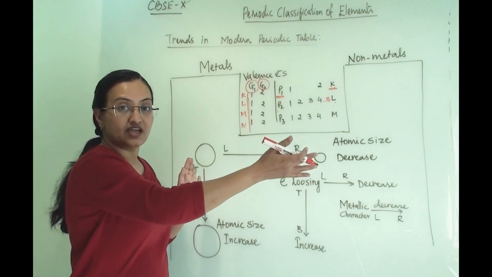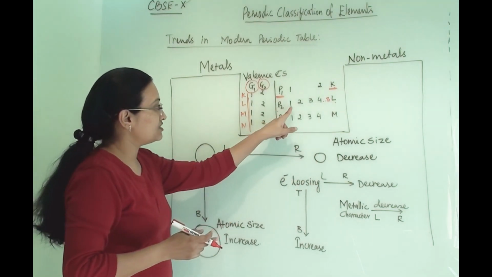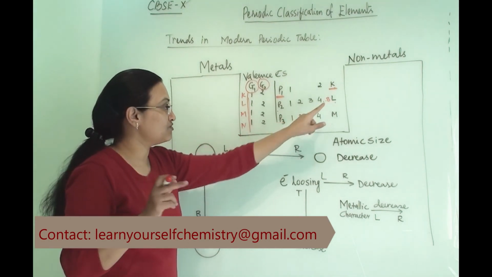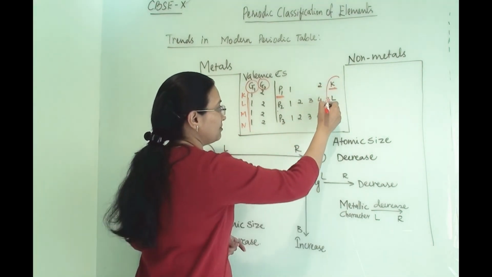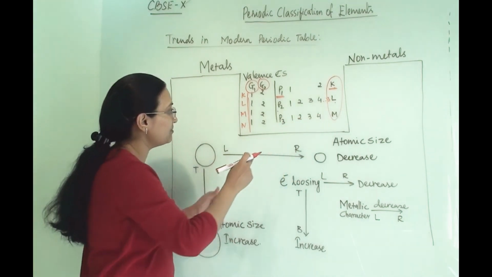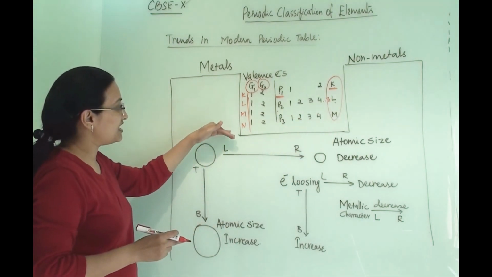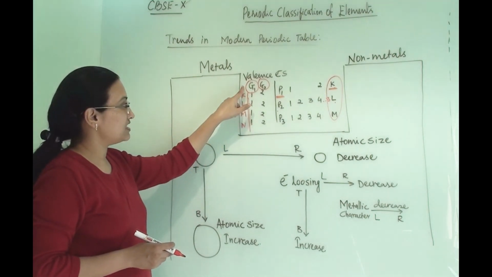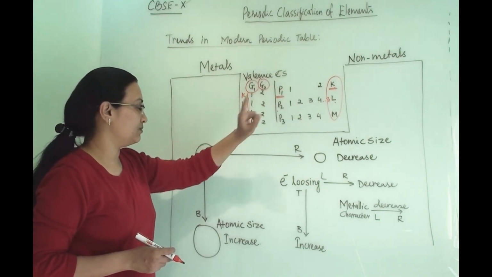So complete 8 electrons will be there. So across the period all the electrons are being added up in the same shell. So you need to remember that here in the same shell 1 electron is being added up. Here orbitals are being added up, but the valence electron will remain the same. So this is across the group, this is across the period.